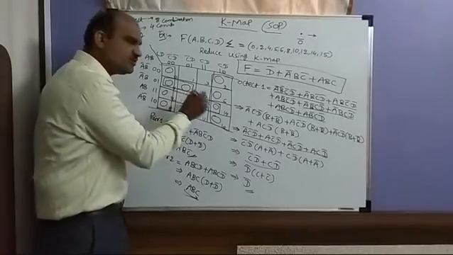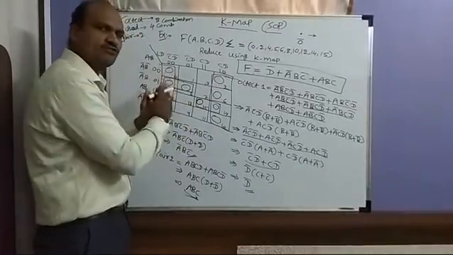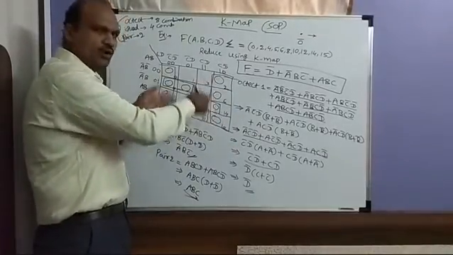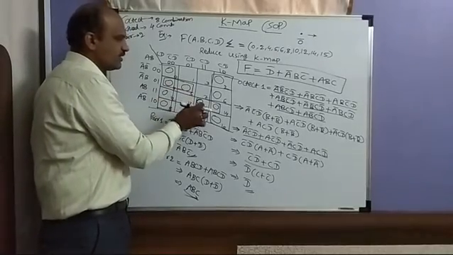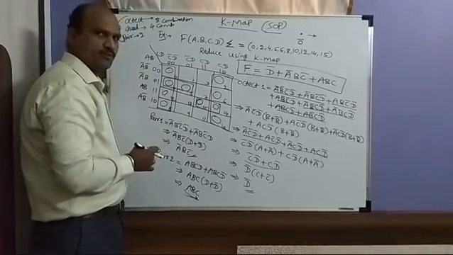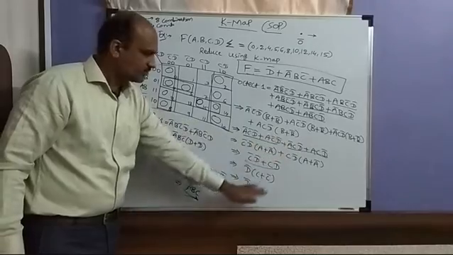So in this example, what happened? Here 4 are there, here 4 are there. When you combine this, it becomes 1 octet. Don't do the 2 quads, only 1 octet. Then what remained is only this one and this one, so this one is 1 pair, this one is 1 pair. Take all this and reduce the expression.